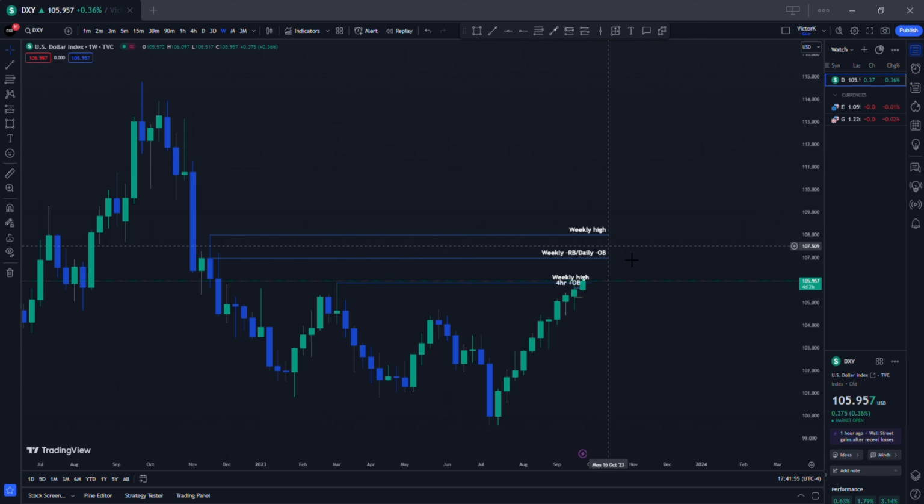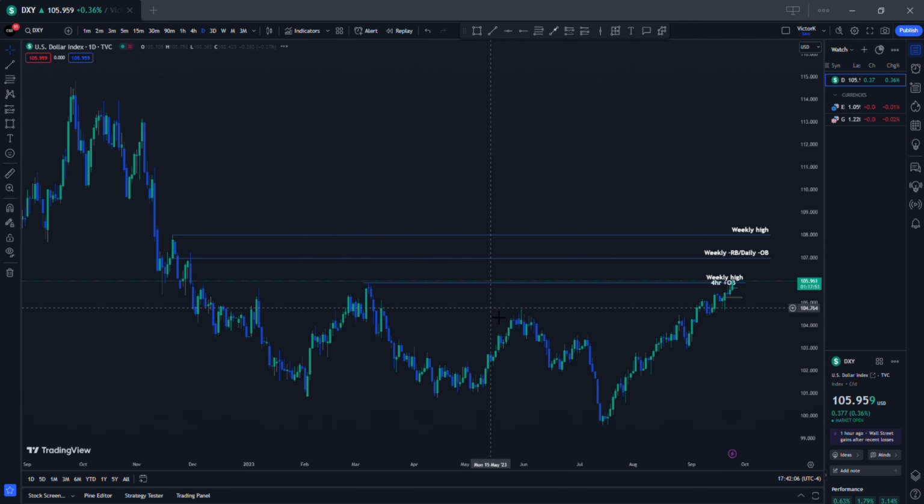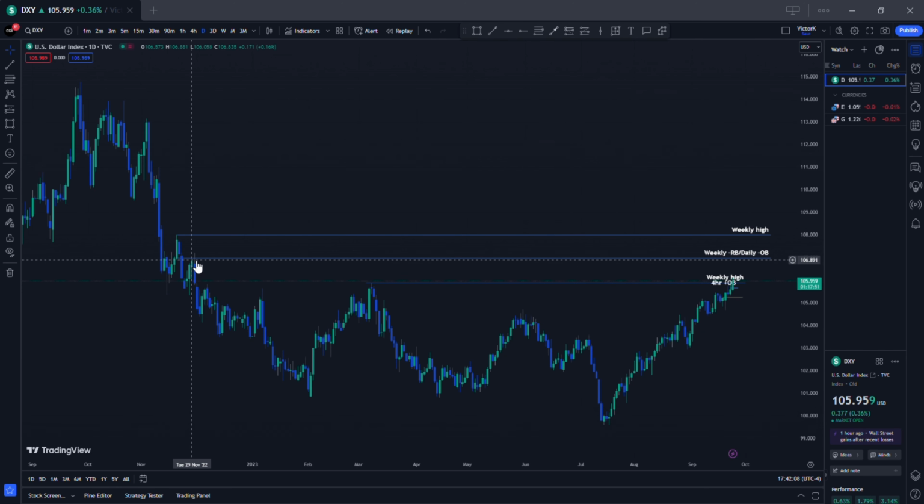And then we now have the weekly rejection block over here and the weekly high. You go down to the daily charts, you can see that this weekly rejection block over here also serves as a daily bearish order block. So what that means is that this place right now can serve as some kind of resistance to price.